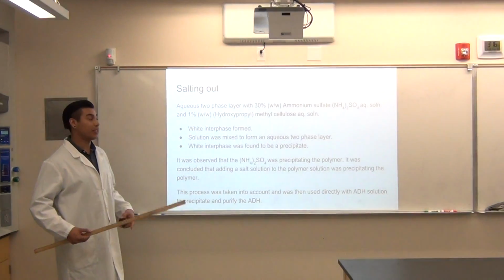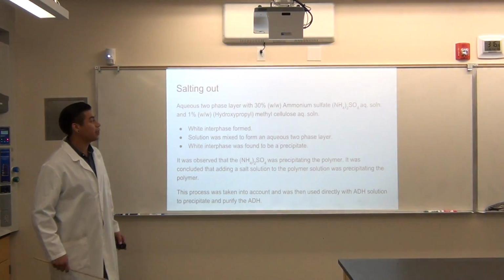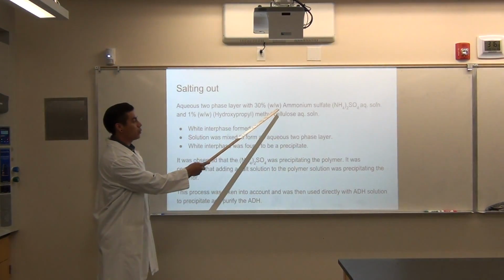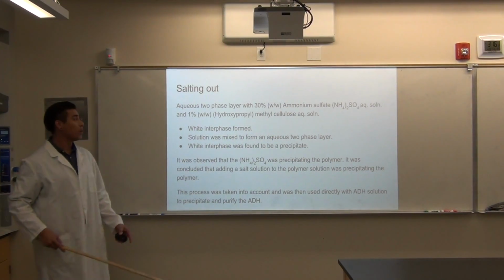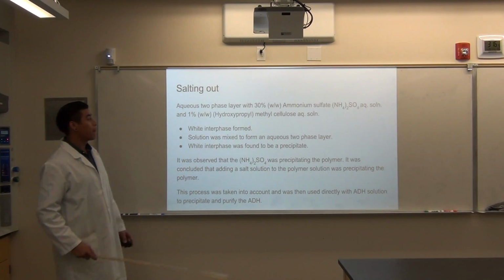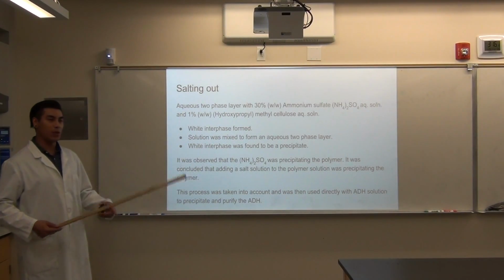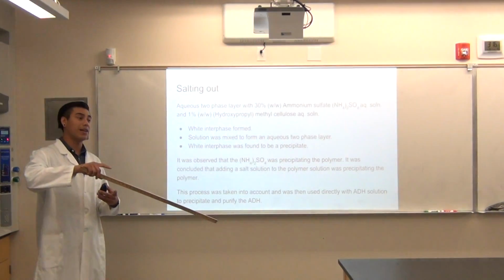We used the same salt, which was ammonium sulfate, and a different polymer. Instead of using the PEG, we used hydroxypropylmethyl cellulose, which once we added those solutions into a test tube, did form that aqueous two-phase layer.